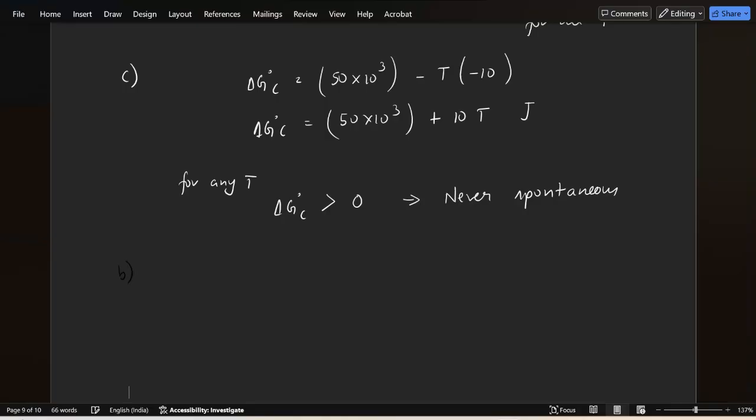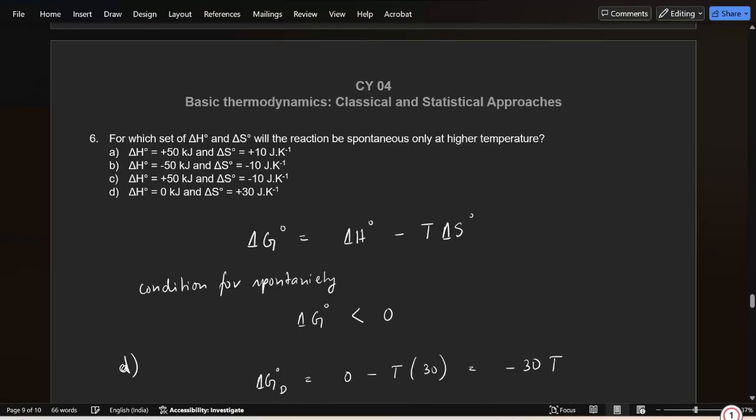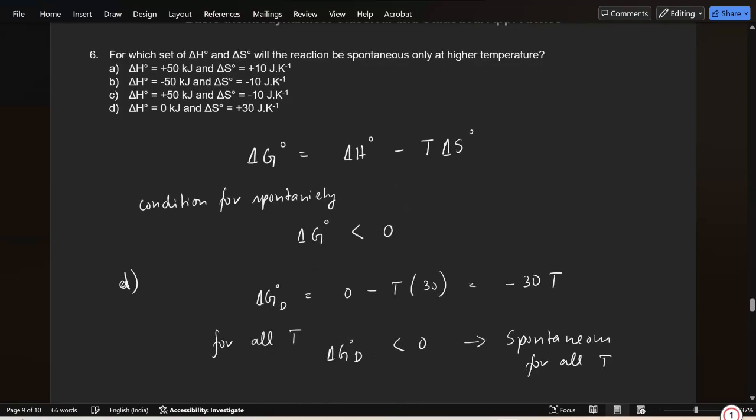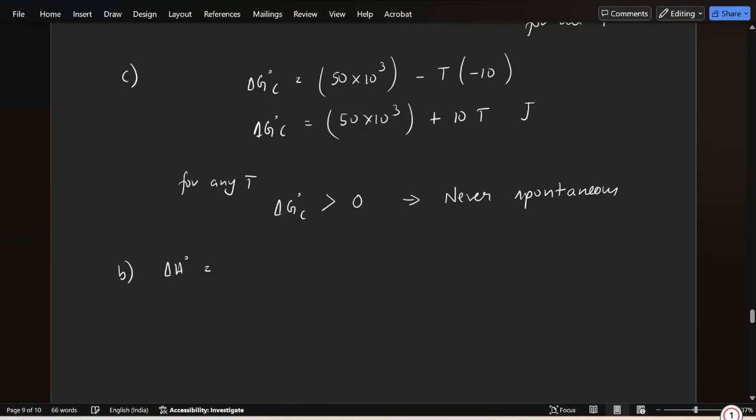For B, delta H not is minus 50 kilojoules, and delta S not is equal to minus 10 joules per Kelvin.